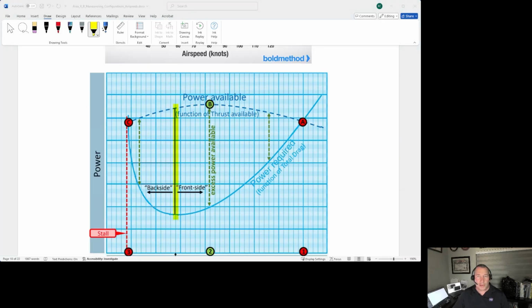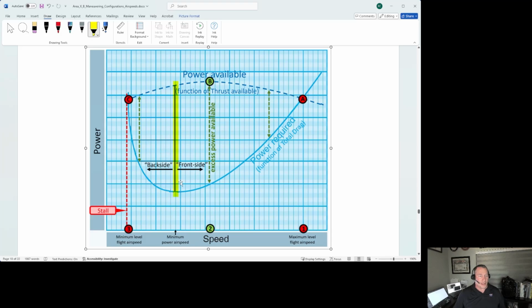Now, if we were to look at our previous drawing from the bold method, speed was depicted across the bottom, just like this one, but it had drag depicted up the right-hand side of the drawing. This is, in essence, the same drawing, but it wants to communicate that you've got speed at the bottom that increases from left to right, and power required for maintaining level flight that goes vertically.